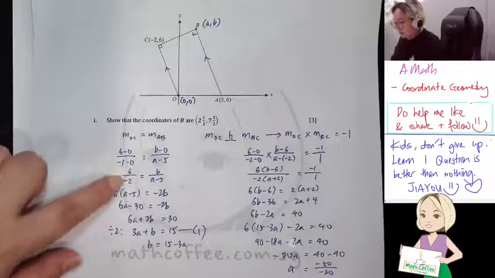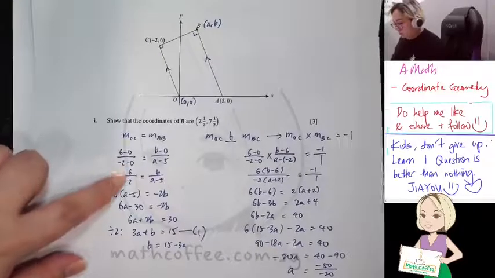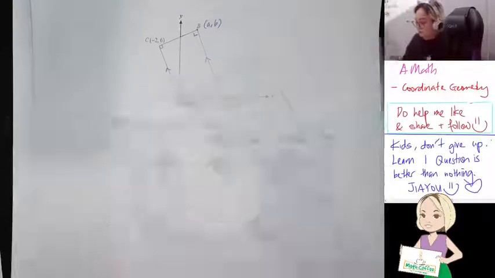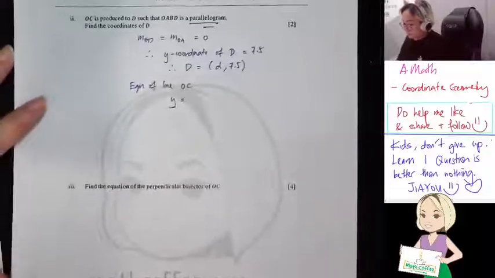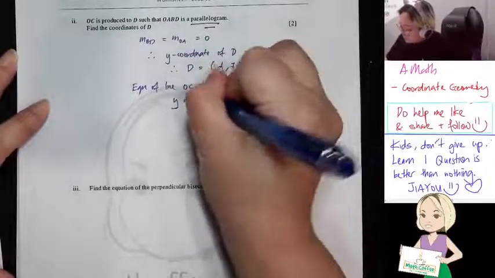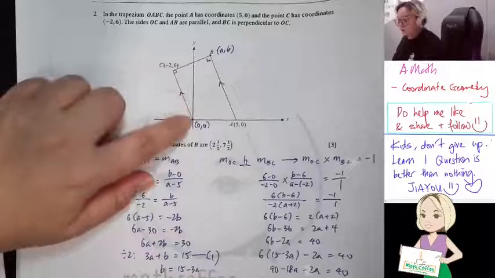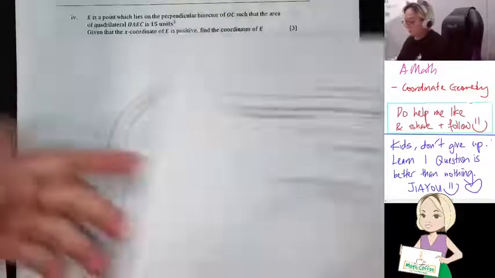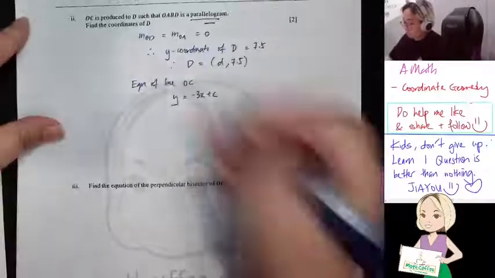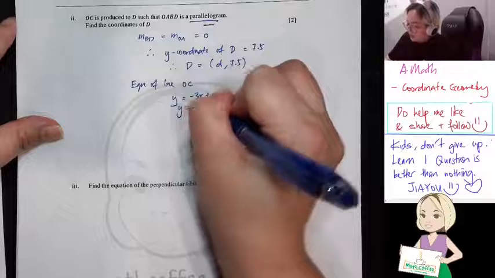So it's 6 divided by minus 2, which is minus 3. So it's minus 3x plus c. And for this line OC, you already know the y-intercept, which is 0. So it is y equals to minus 3x plus 0.